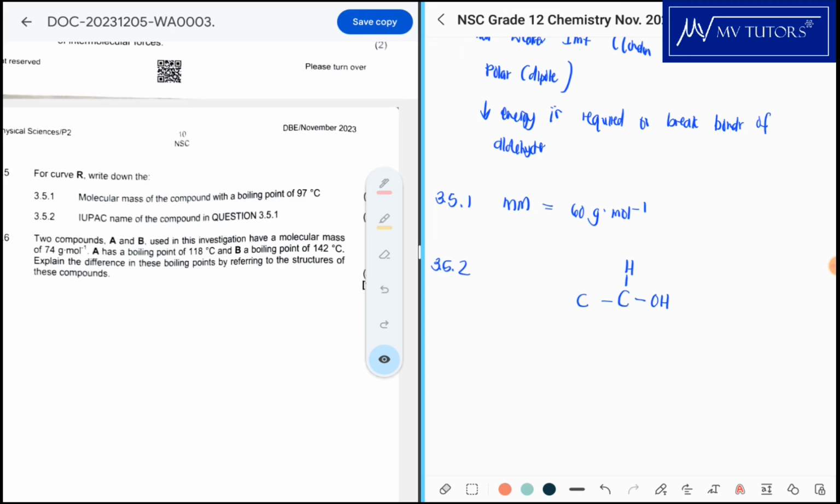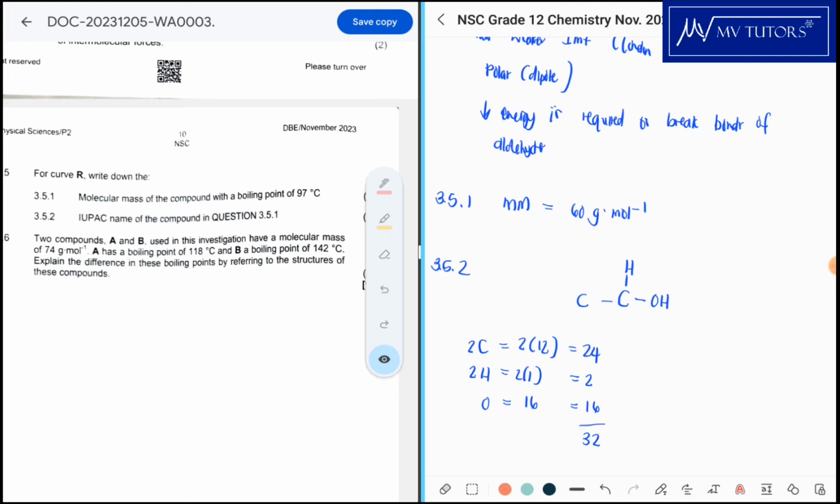Okay, so if we have 2 carbons and 2 hydrogens and 1 oxygen, so carbon, I think it's 12, the molar mass, and then hydrogen is just 1, oxygen is 16, so we have 24 plus 2 plus 16, that's what, 32.